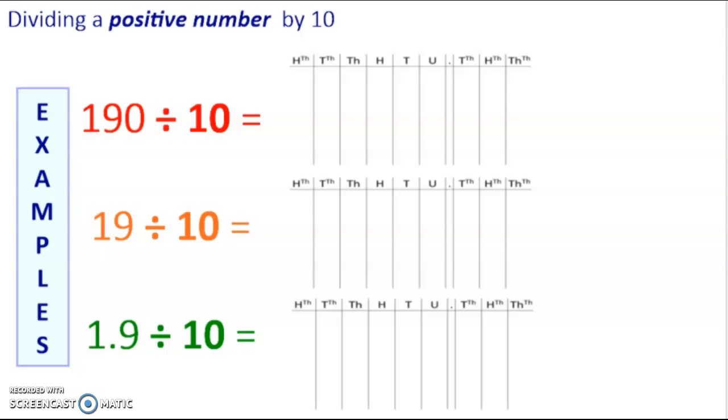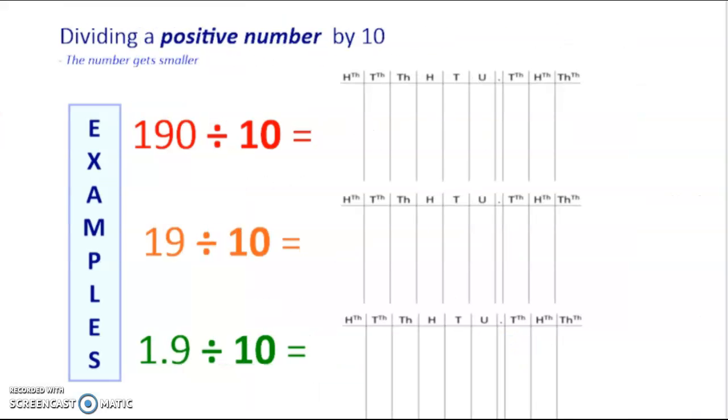So when we're dividing a positive number by 10, whether that be an integer or a decimal, what do you think is going to happen to that integer or to that decimal? So when we multiplied by 10, the number got bigger. So when we divide by 10, our number gets smaller.